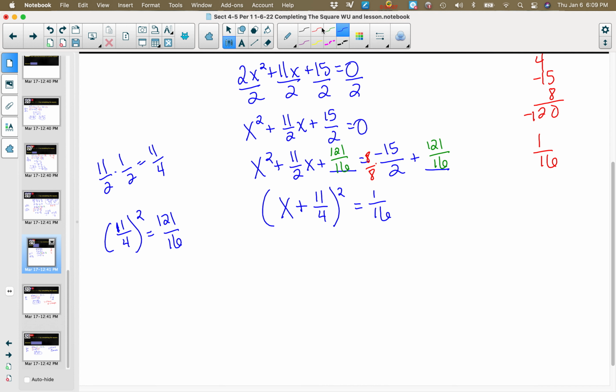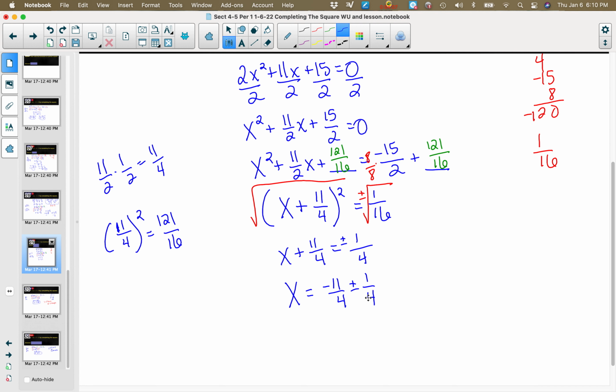All right, so then I'm going to square root both sides, remembering to do plus or minus. So I get x plus 11/4 equals, the square root of 1 is 1, the square root of 16 is 4. Got to have my plus or minus though. So you square root the top, square root the bottom. Now I'm going to have x equals, I'm going to subtract the 11/4, so we get negative 11/4 plus or minus 1/4.